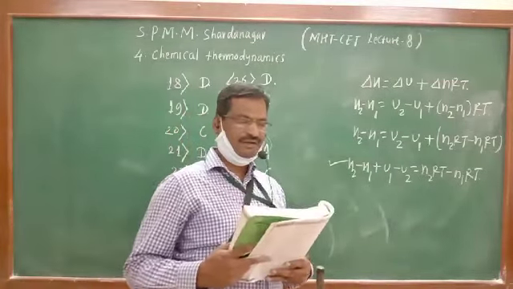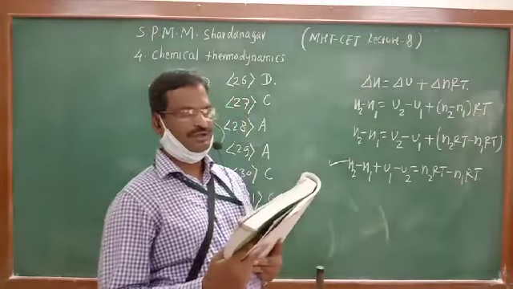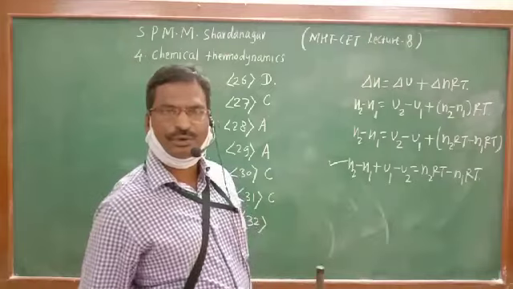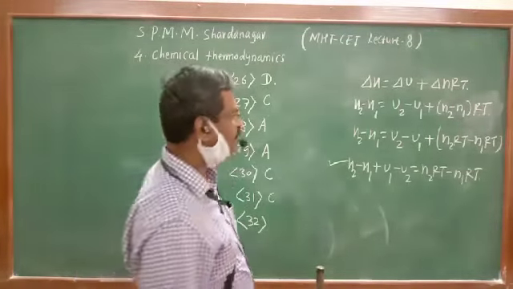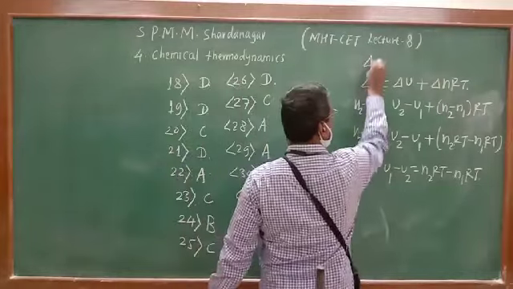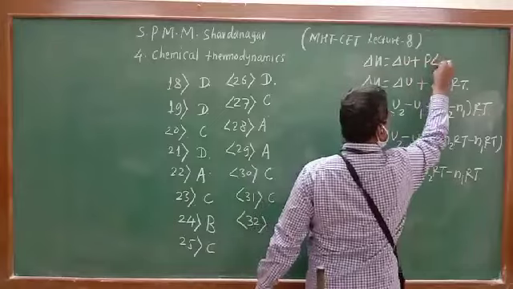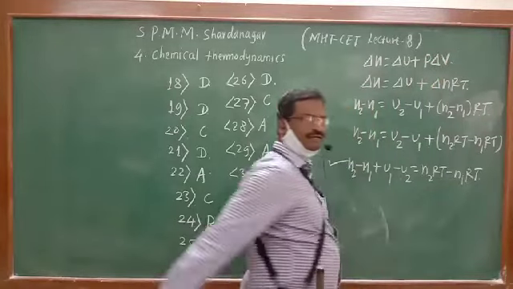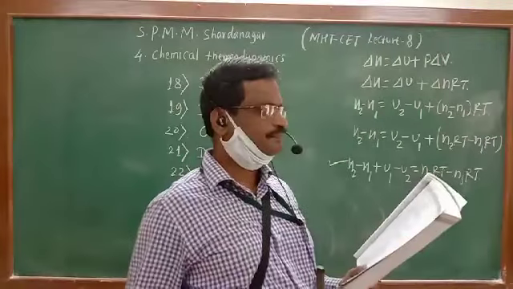Now question number 32. The relation between delta U and delta H, that is the change in enthalpy. Delta H is equal to delta U plus P delta V. This is known as the equation of enthalpy change during a chemical reaction.